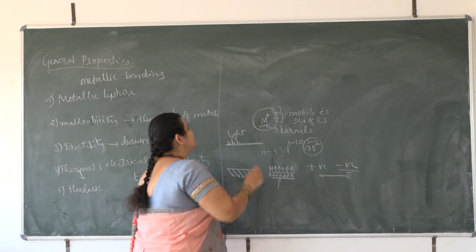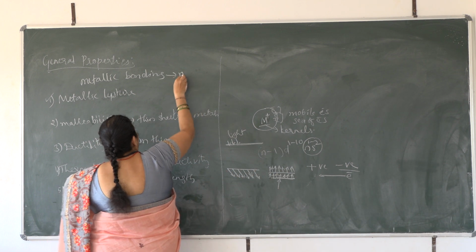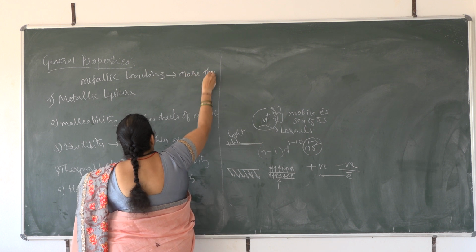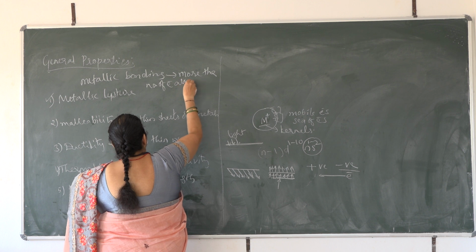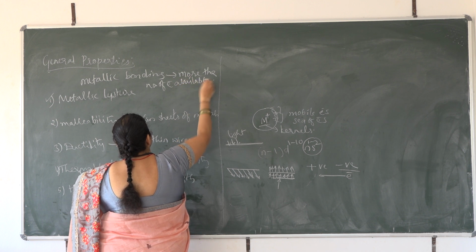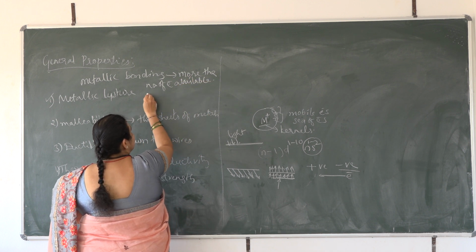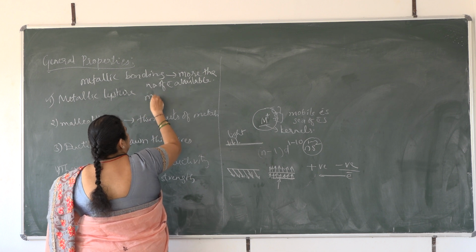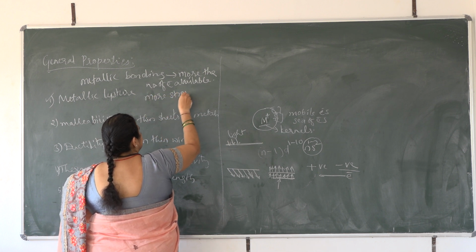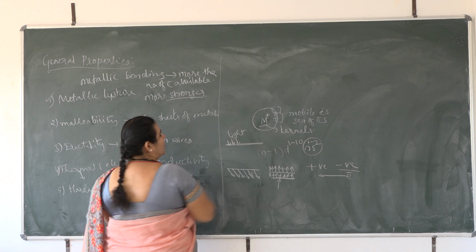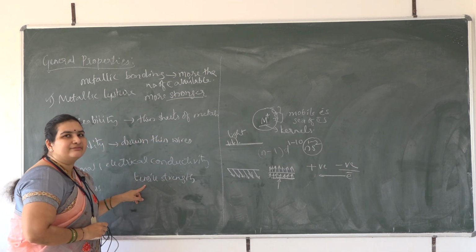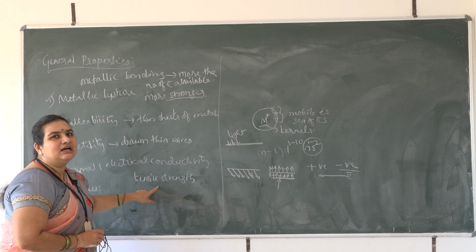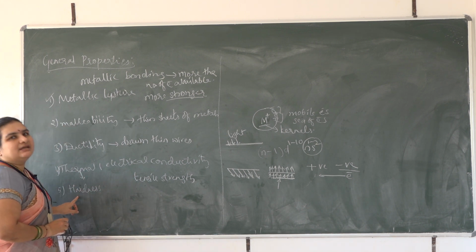The more the number of electrons available for bonding, the stronger will be the metallic bond, and hence the metal will have high tensile strength and it is considered hard.